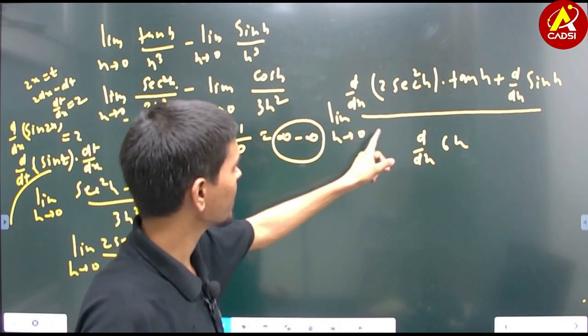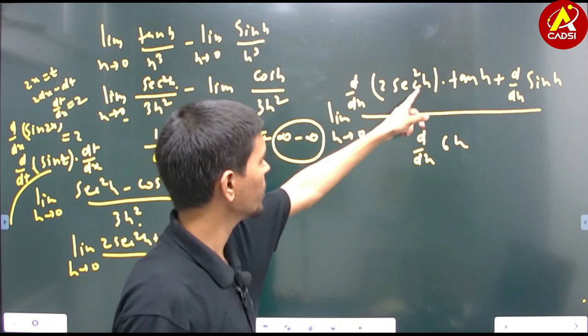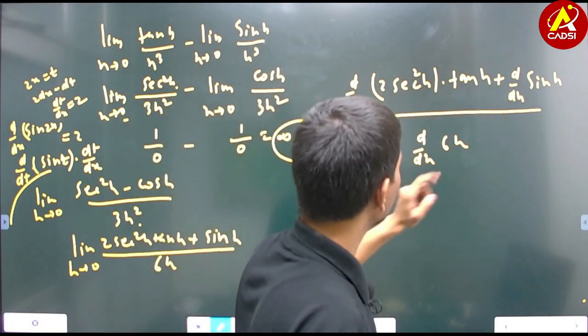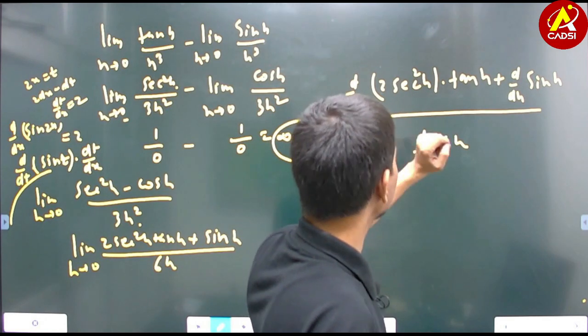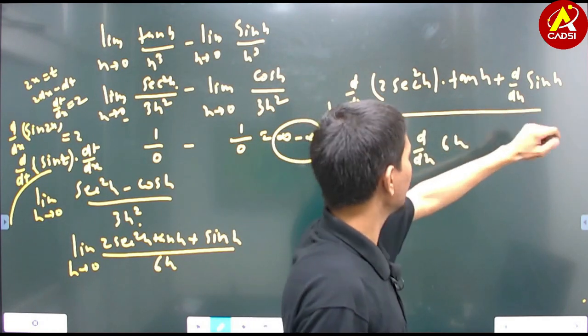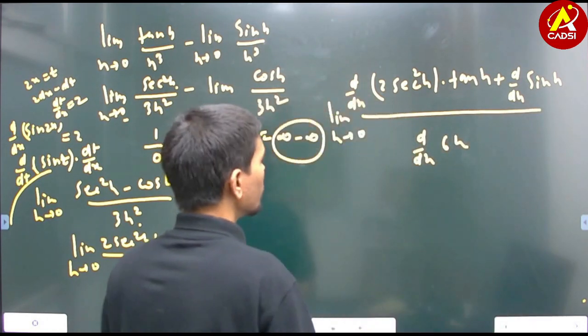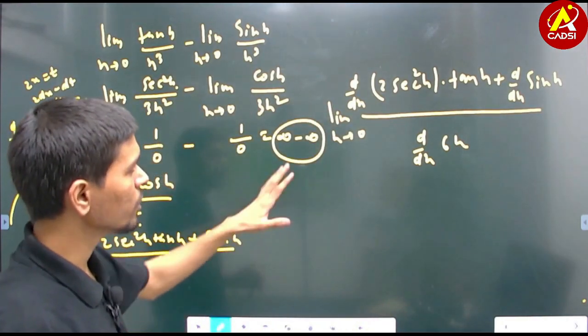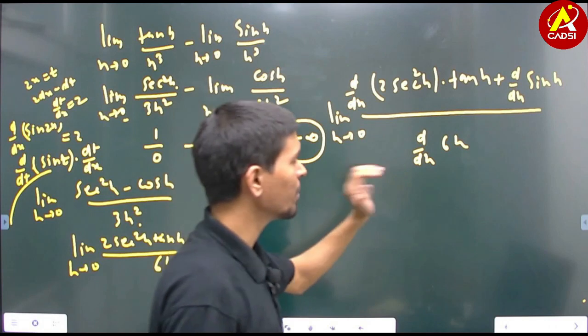When we put h equals to 0 here, sec h is not 0, and tan h is 0 and sin h is 0. So I can solve this question in the simplest way.